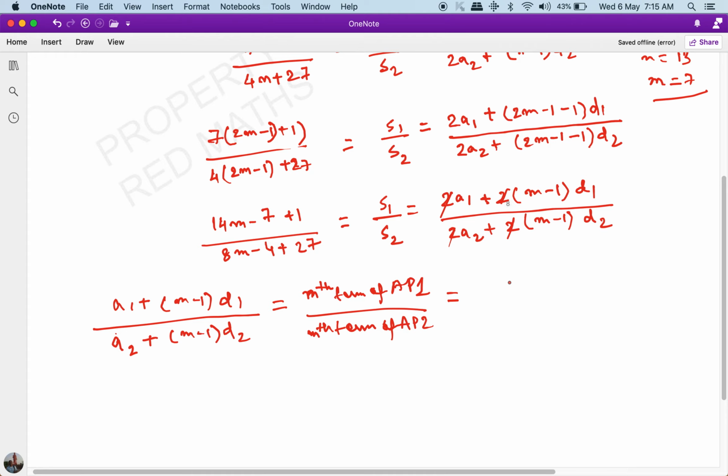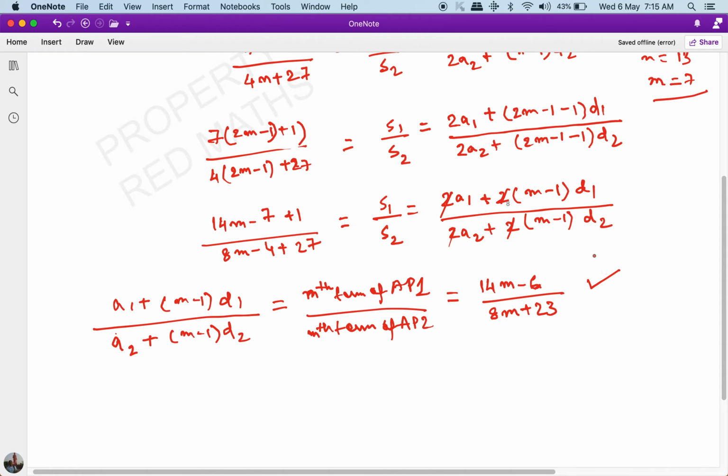This is equal to 14m minus 6 divided by 8m plus 23, and this is the answer.